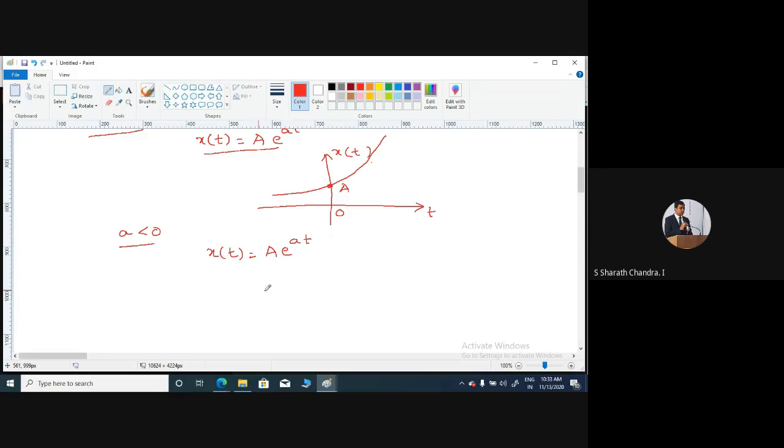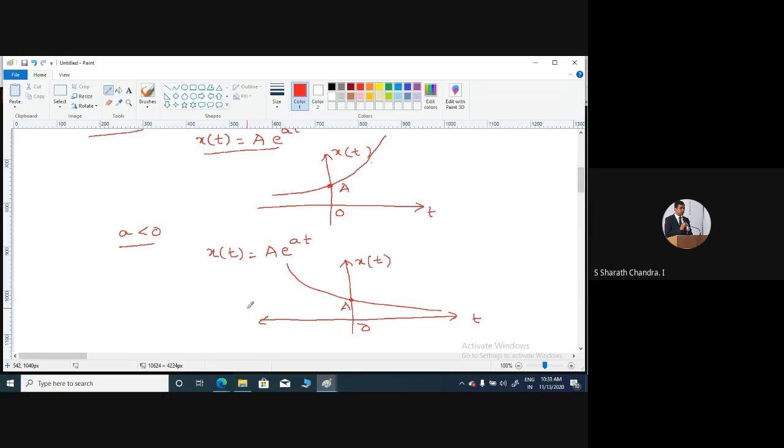Therefore, x of t becomes a decaying exponential signal, and we see the shape of this real exponential signal will be something like this. In the same way, at 0 it has a value of capital A.